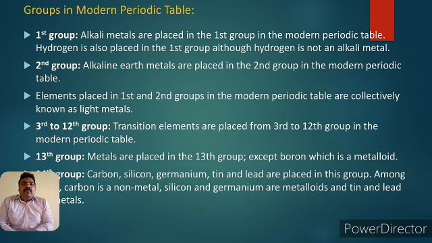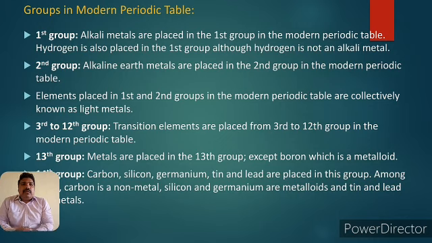Groups in the modern periodic table: there are 18 groups. In the first group, alkali metals are placed. In the second group, alkaline earth metals are placed. The first and second groups are called s-block elements or light metals.